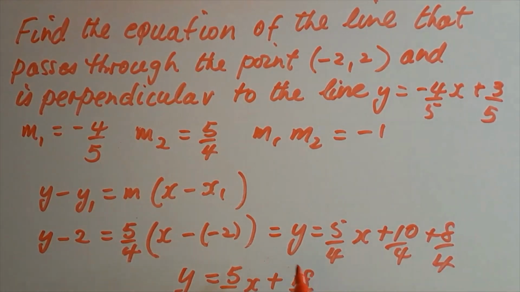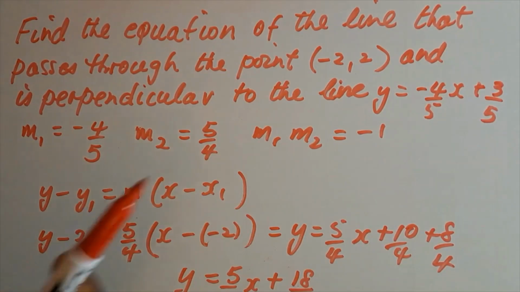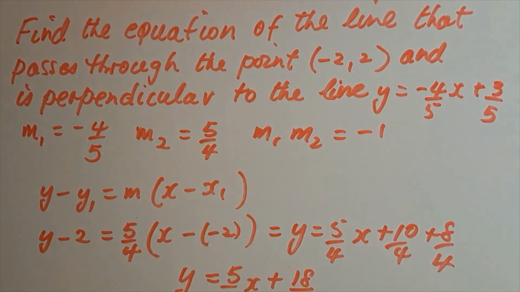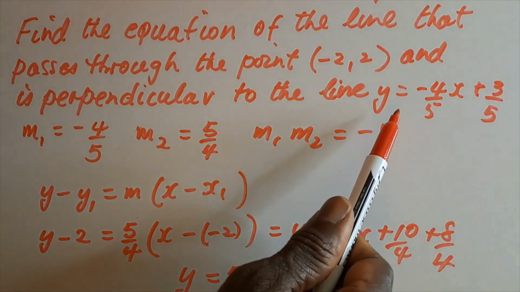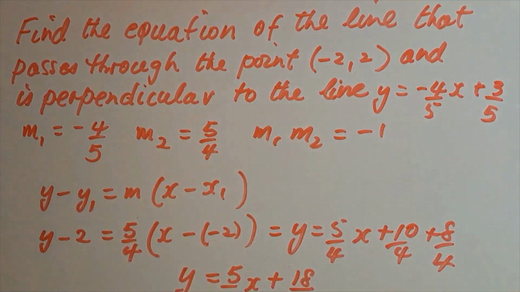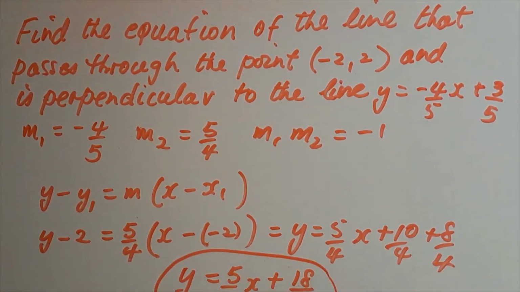So the equation of the line that passes through (-2, 2) and is perpendicular to this line, y is equal to -4/5 x and 3/5, is y is equal to 5/4 x and 18/4.